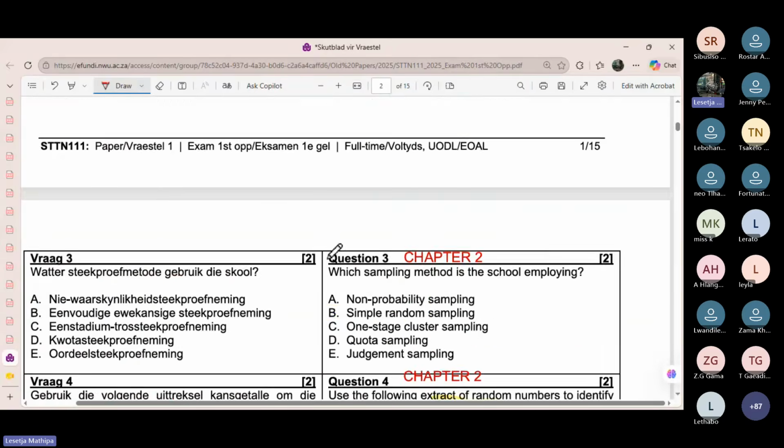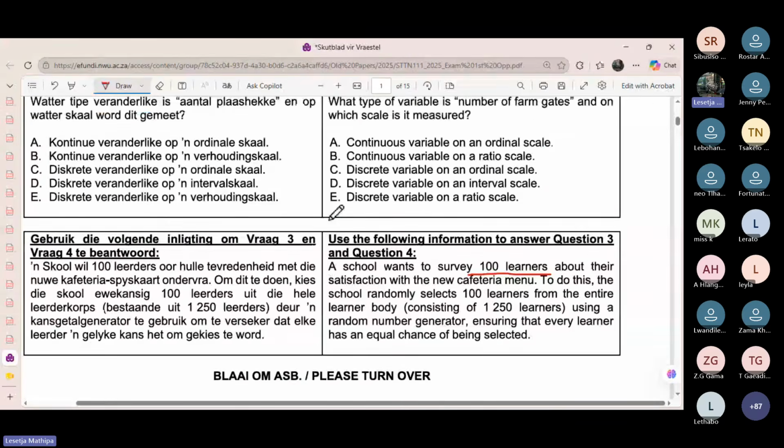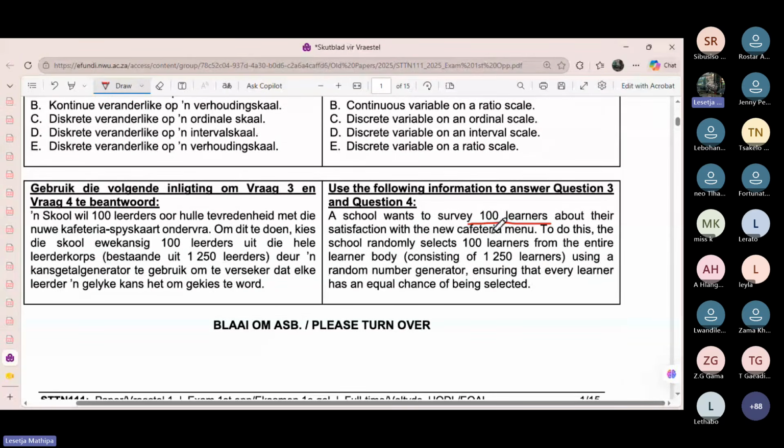So let's look at the question, the scenario. It says that a school wants to survey 100 learners about their satisfaction with the new cafeteria meal. To do this, the school randomly selects 100 learners from the entire learner pool consisting of 1,250 learners. So the total number of learners, or the population, is 1,250.